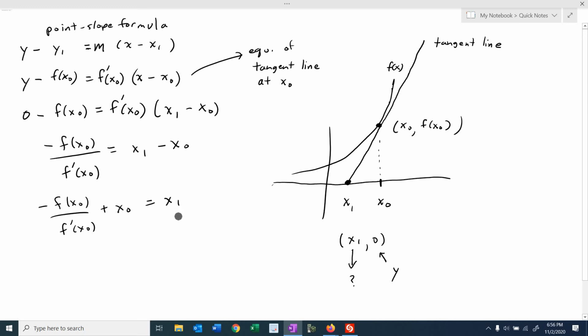Now we have a formula that will help us find x sub 1 given x sub 0. So if I know the previous point, then I can find the next one using this formula.